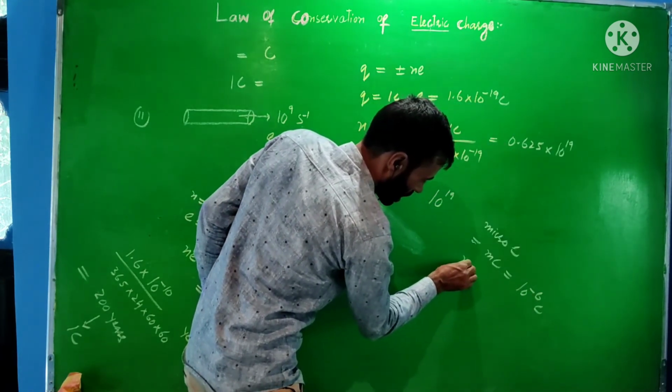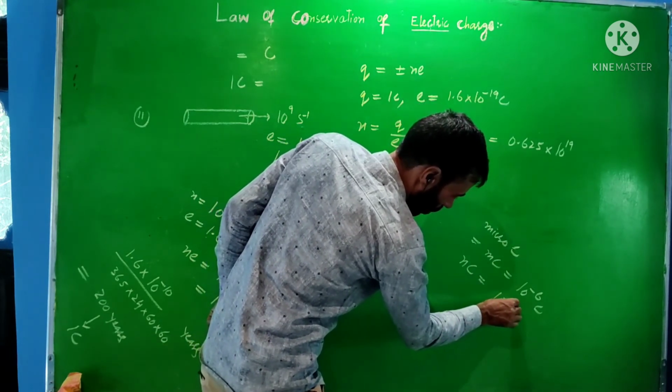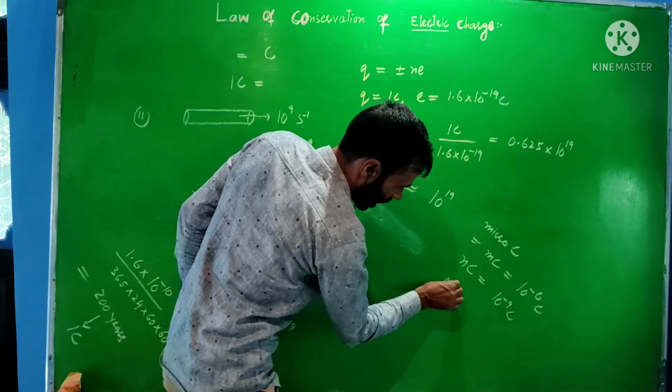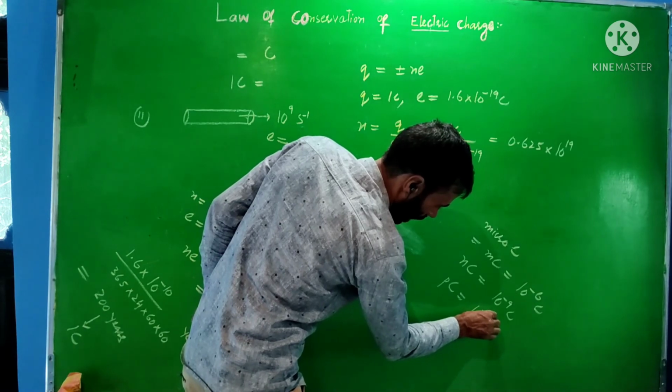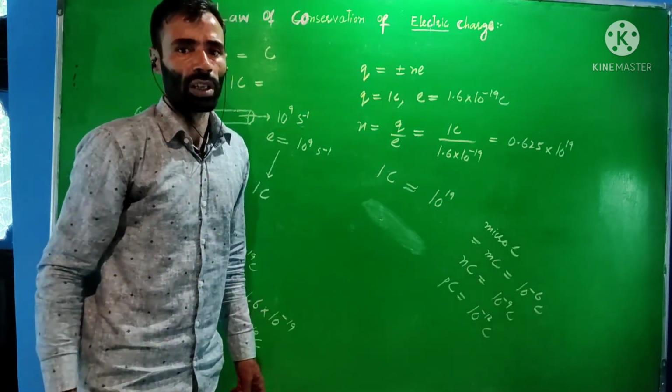Or we may use the nanocoulomb of charge, which is equal to 10 raised to power minus 9 coulomb. Or we may use the picocoulomb of charge, which is equal to 10 raised to power minus 12 coulomb of charge. So these are some smaller units of charge.